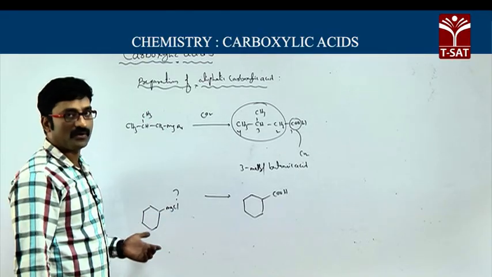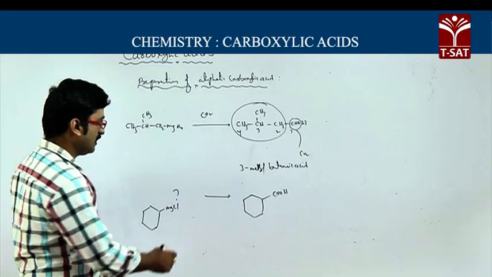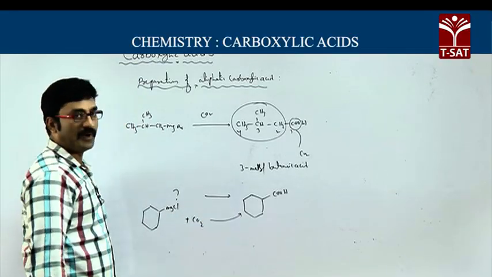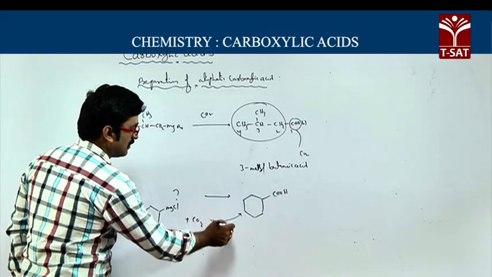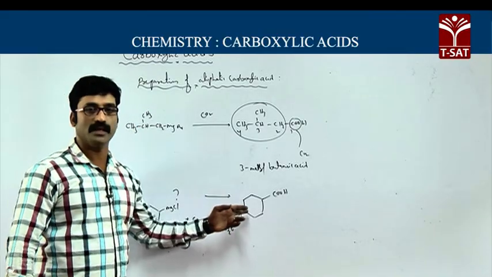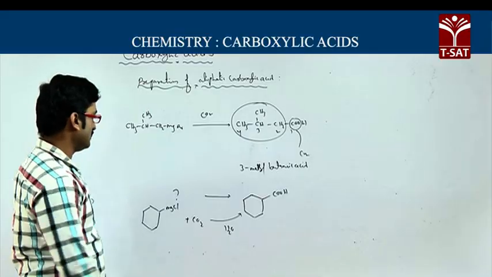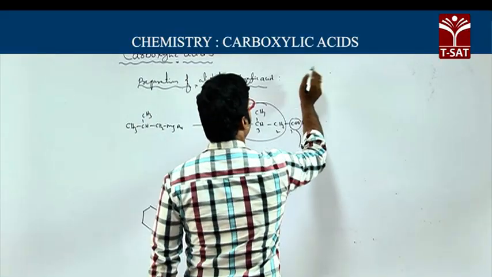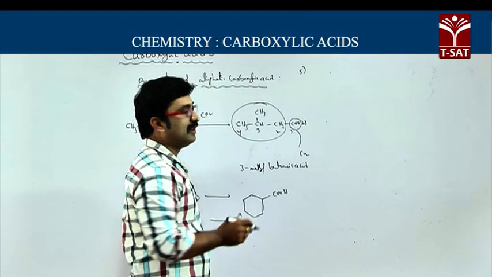So, this is cyclohexyl magnesium chloride. This on reaction with carbon dioxide, followed by hydrolysis, you will get cyclohexane carboxylic acid. It's very simple.